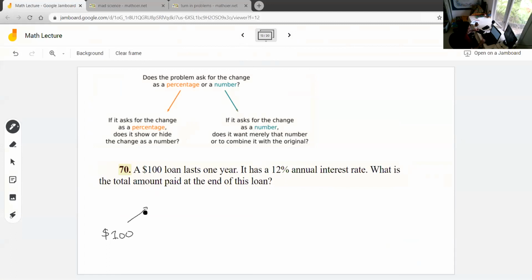It's going up by 12%. And we want the total amount paid when we pay off the loan. We have to pay off the 100 and we have to pay off the interest. So this one is we want a number and we want to combine it with the 100 when we're done. So we're going to do 12% of 100.